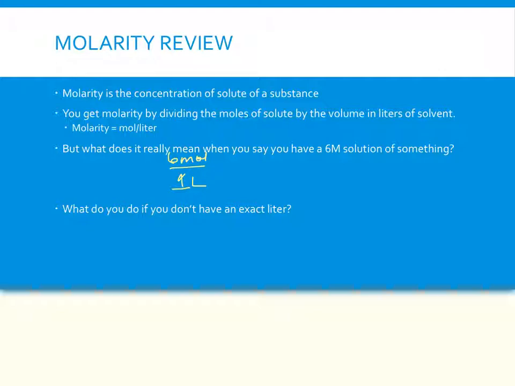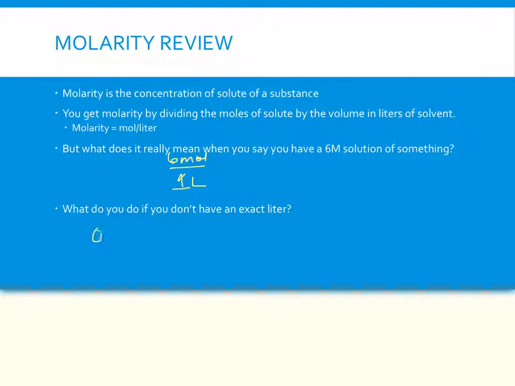So, we don't usually work in liters, we usually work in much smaller amounts, like maybe 20 milliliters or something like that. Say you don't have an exact liter, say you have half a liter. If it's 6 moles per liter of solution, how many moles would be in half a liter? Should be pretty easy to come to the conclusion of 3 moles, but especially for numbers that may not work out easily in our head, you can set something up like this.